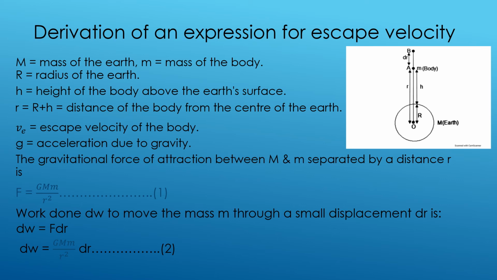This is the law. Next, the work done dW to move the mass m through a small displacement dr. We can write it as dW is equal to F dr, and we substitute the value of F here: dW is equal to capital G, capital M, small m divided by r square dr. Let us consider this as equation 2.